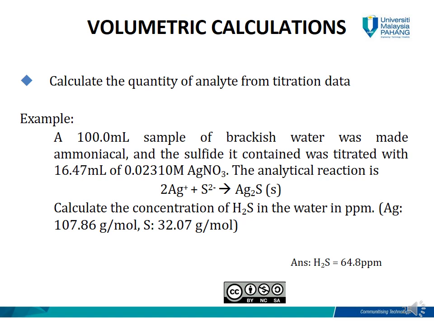What you need to do is convert from moles per liter to milligrams per liter. In this case, you need to have the atomic weight. When you have the atomic weight, you can simply multiply it and then you can get the answer in ppm unit.